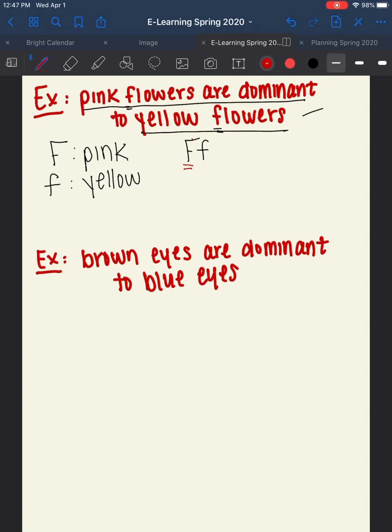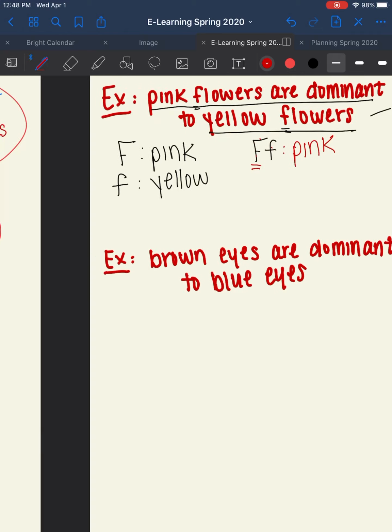So if a flower has capital F, lowercase f, then in this example, this flower is going to be pink because it has that capital F. That capital F is dominant, it's stronger, so that physical characteristic is going to be expressed.